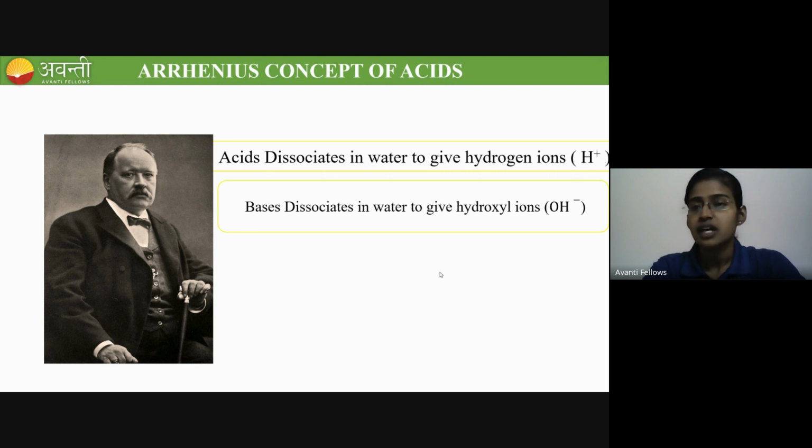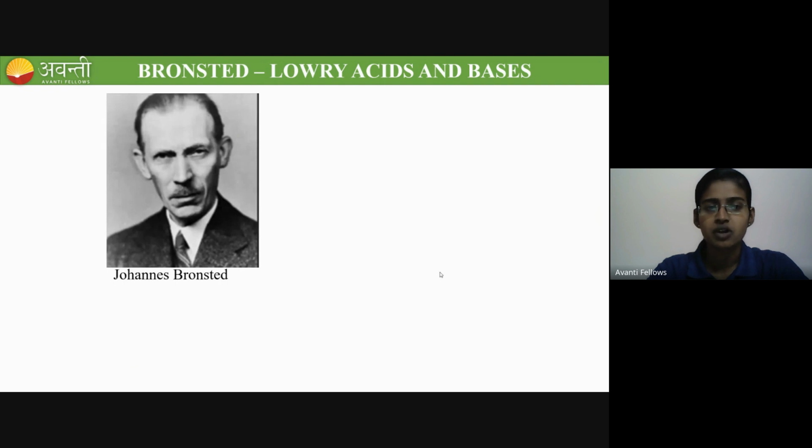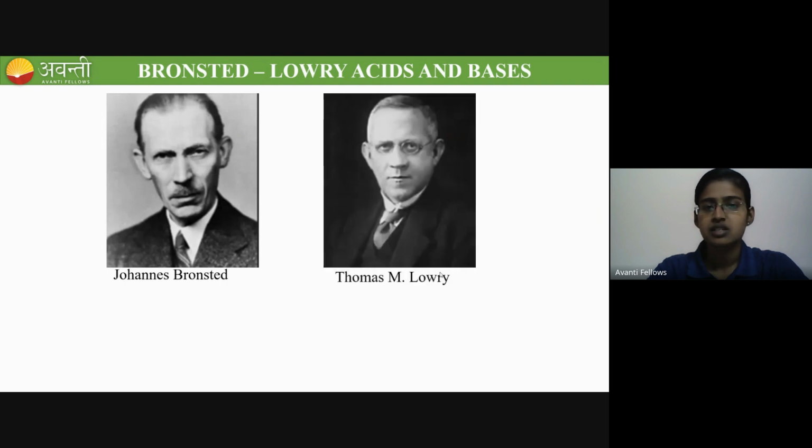Because of the limitations that arose in his theory, the second scientists, Bronsted and Lowry, these two people came up with their own ideas. He is Johannes Bronsted, and this person is Thomas Lowry.